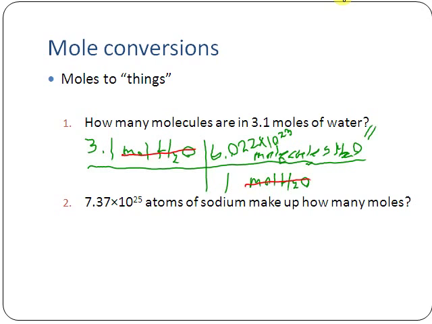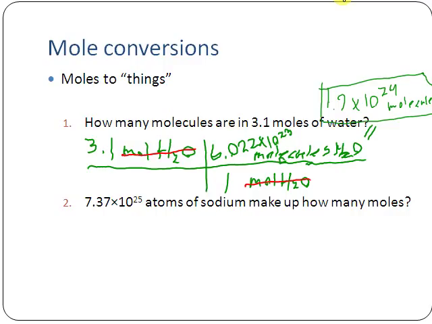It'll actually be 1.9, because to make sure of significant figures, we have 2 significant figures over there. So we'd say 1.9 times 10 to the 24th molecules. And so that would be the answer that we're going to get here. That's how you're going to set up one of these.